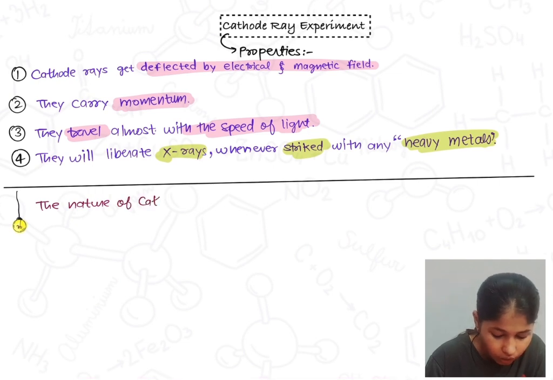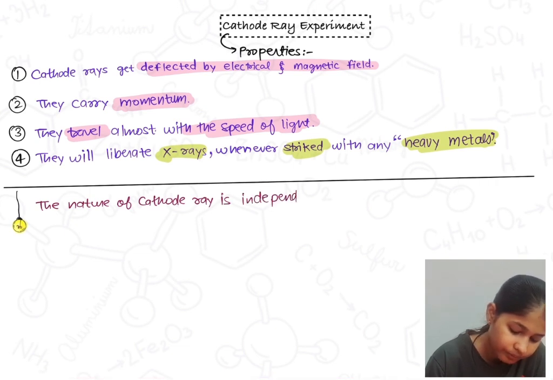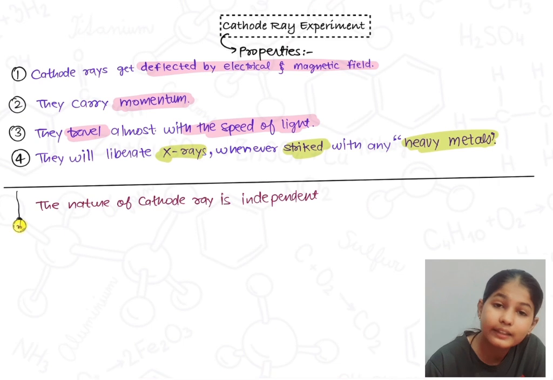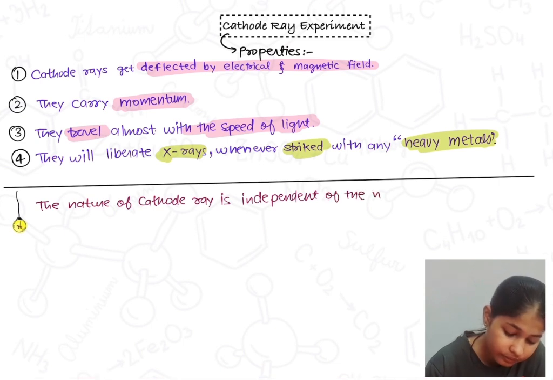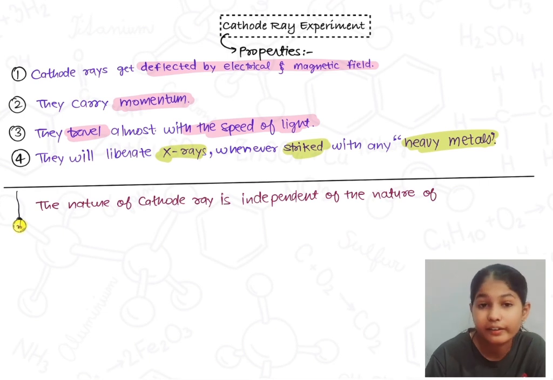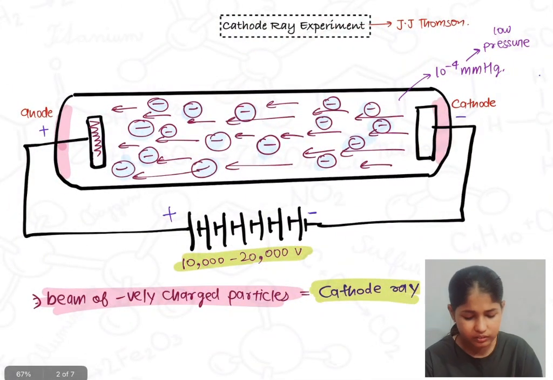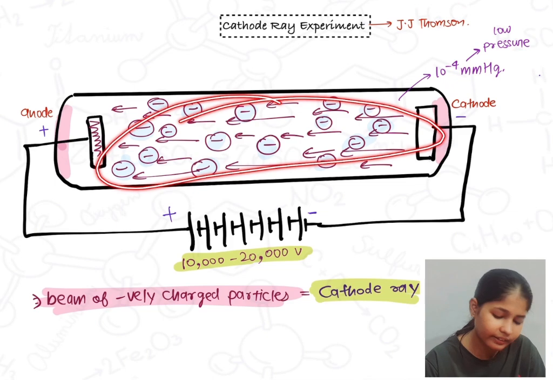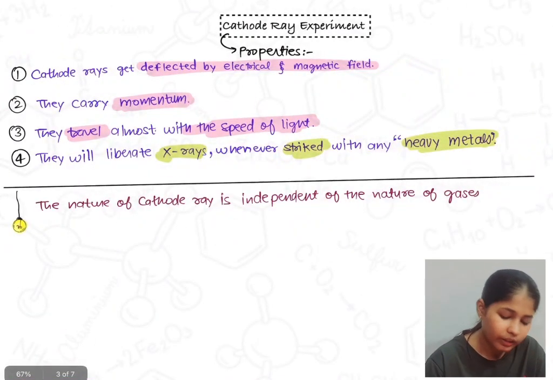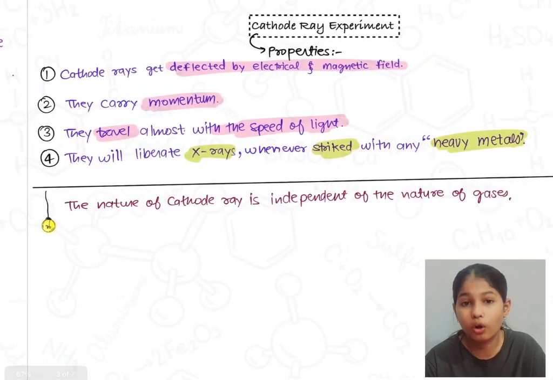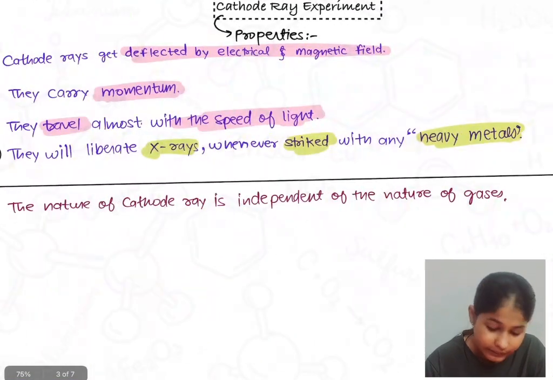The nature of cathode rays is independent of the nature of gases which are filled inside this hollow tube.